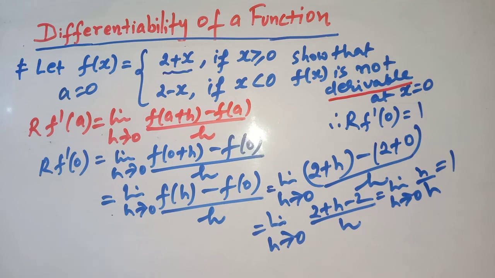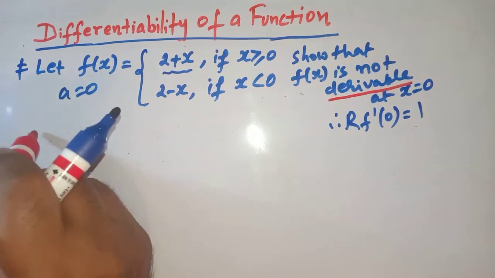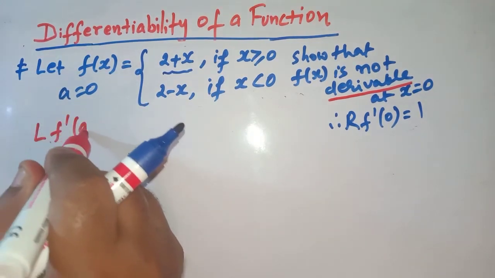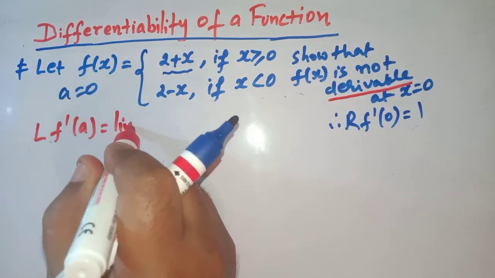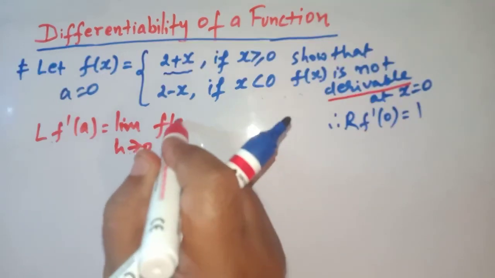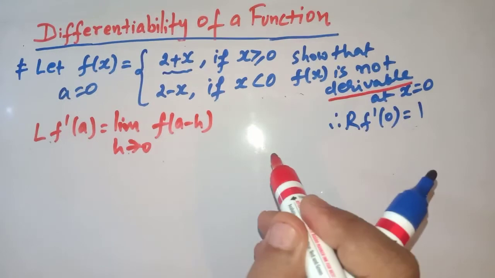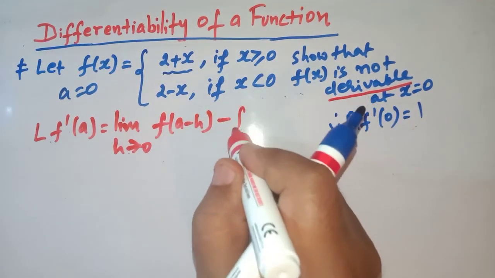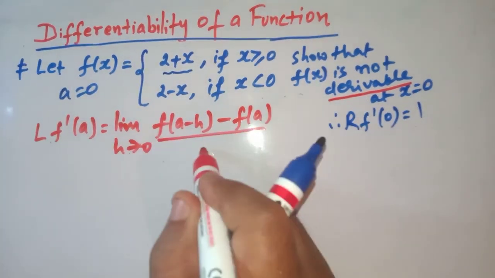Clear? So let us find the left hand derivative. Here the left hand derivative is defined as limit h tends to 0, f(a - h) - f(a) over -h.